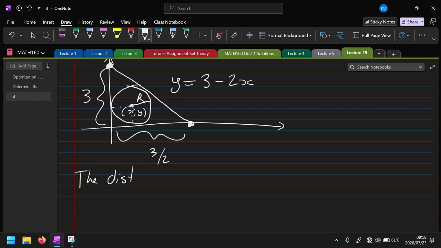So the distance from xy, that's the center, to the hypotenuse limits the radius. So that will give us the maximum possibility.